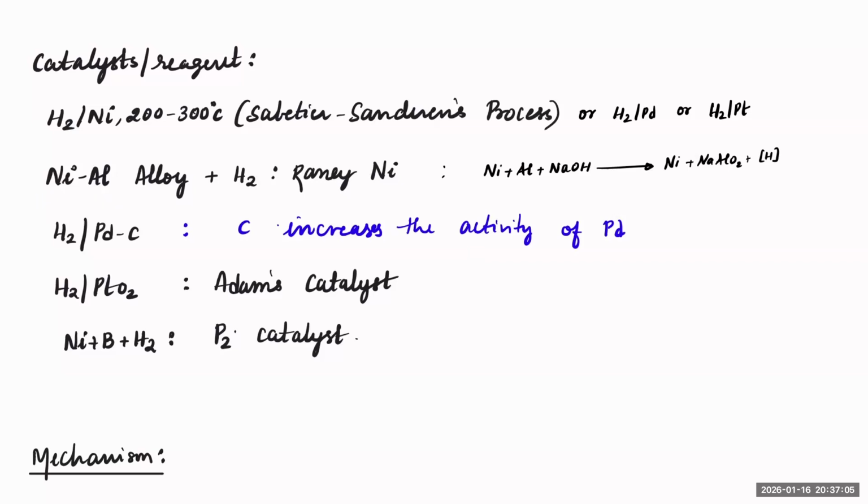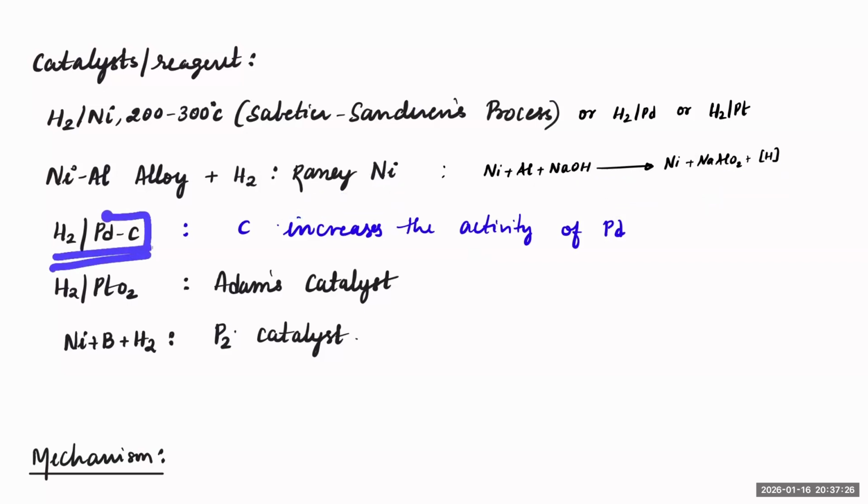Nickel, when you mix with aluminium and add a base, NaOH, will also generate some amount of hydrogen which is adsorbed on the surface. We call it Raney nickel. This is how Raney nickel is formed.